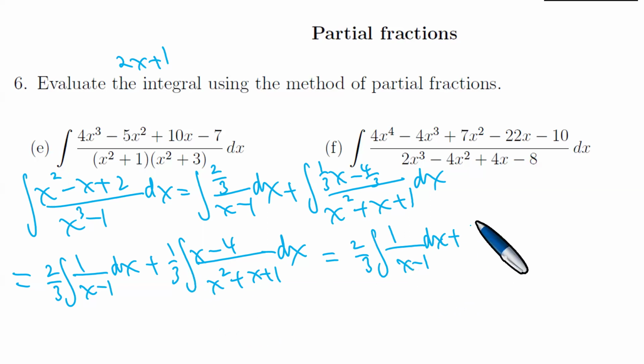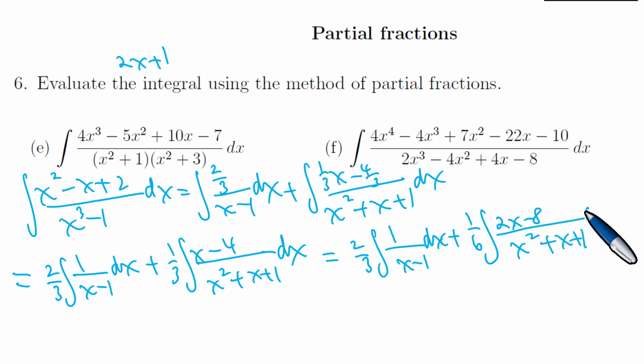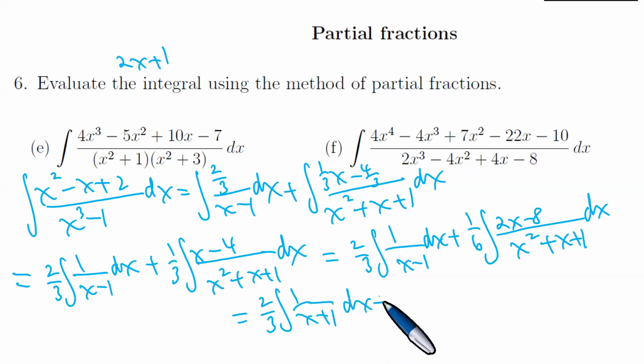You multiply by 2 and divide by 2, so it becomes 1/6, and you multiply by 2, it becomes 2x minus 8 over x squared plus x plus 1.